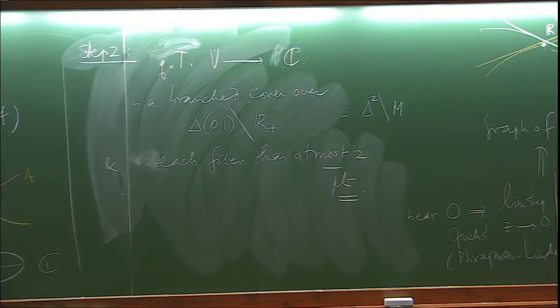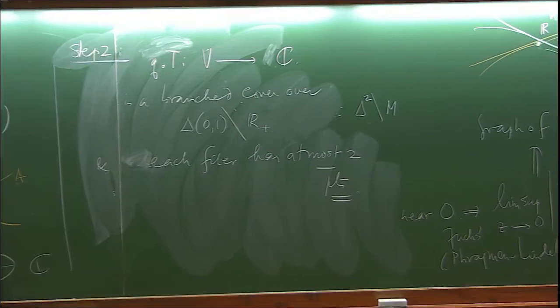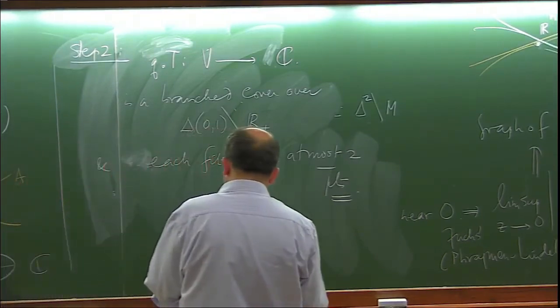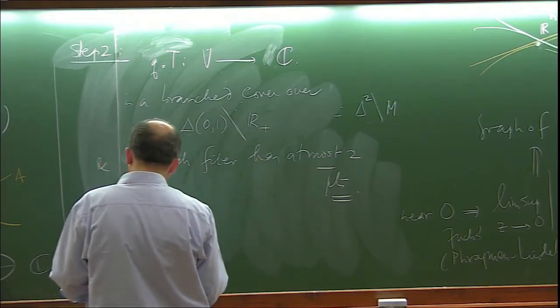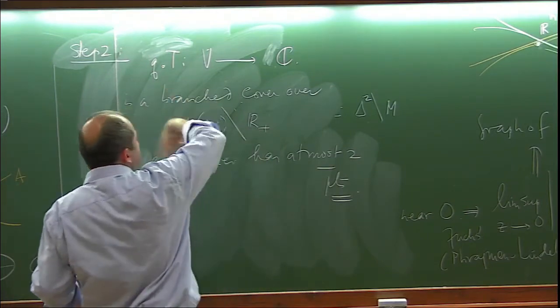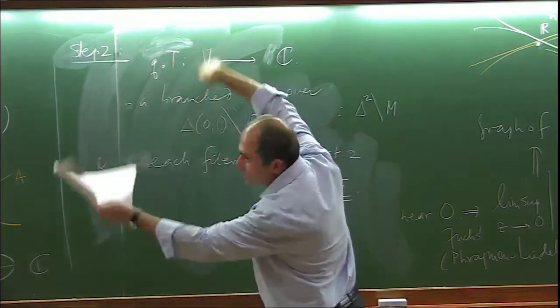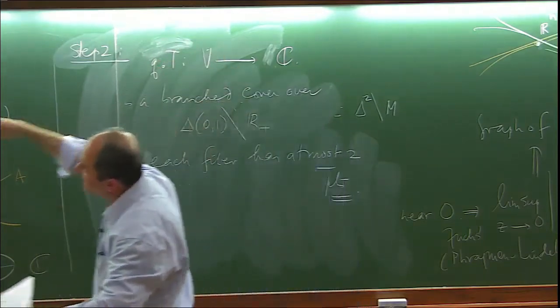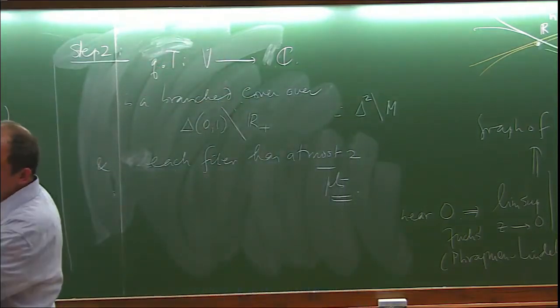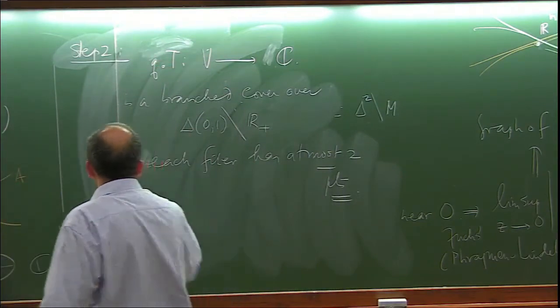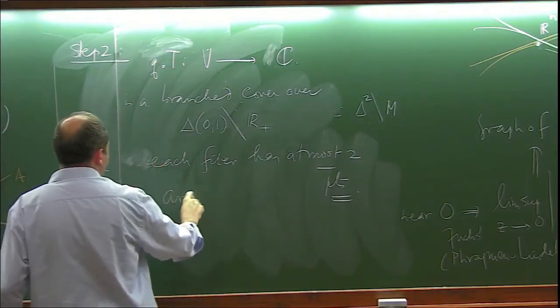So this is either single sheeted or it has 2 sheets. And the way to prove that is, one has to apply the argument principle on this variety to the function S times Z.